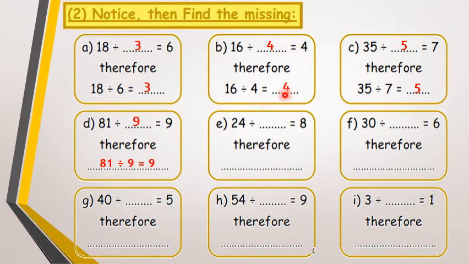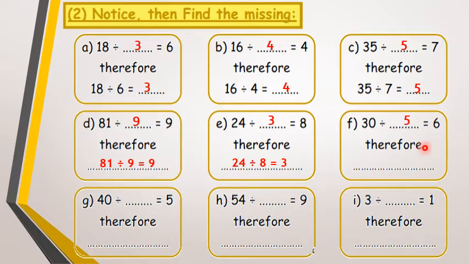It's 9. 24 divided by what gives you 8? It's 3. Therefore, 24 divided by 8 will give you 3 because they both are factor pairs for 24. 30 divided by what gives you 6? So I will look in table 6 for what gives me 30.